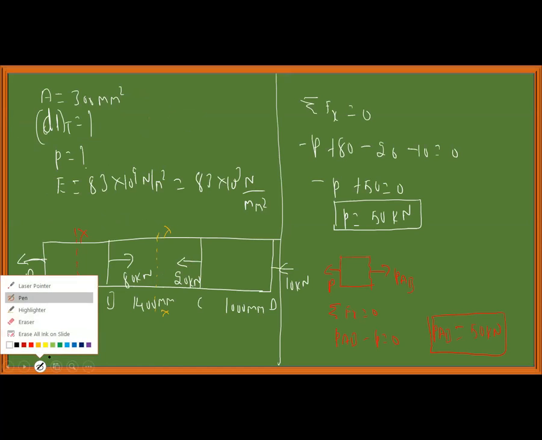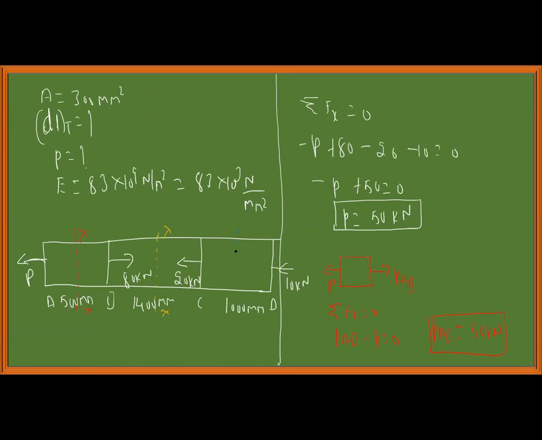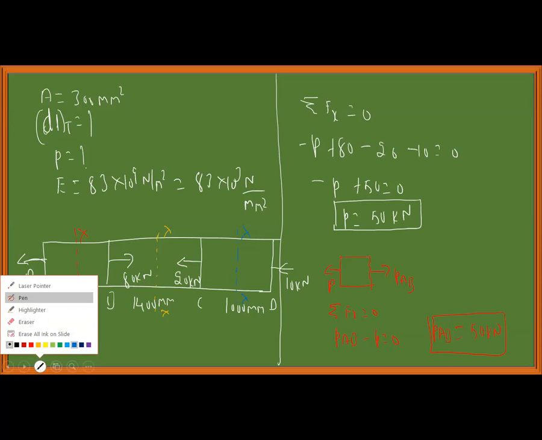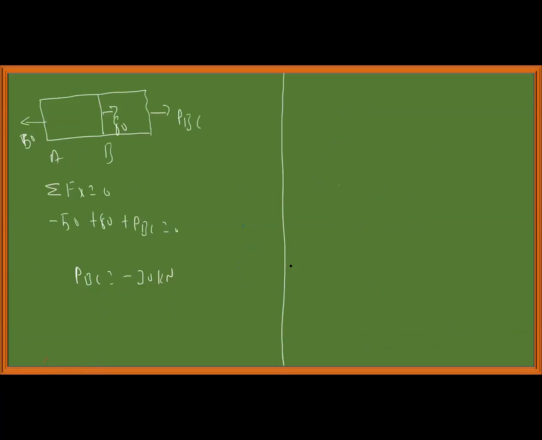We'll take a section XX here. P is 50. At this end, 80 kilonewton load is acting, and then 20 kilonewton.